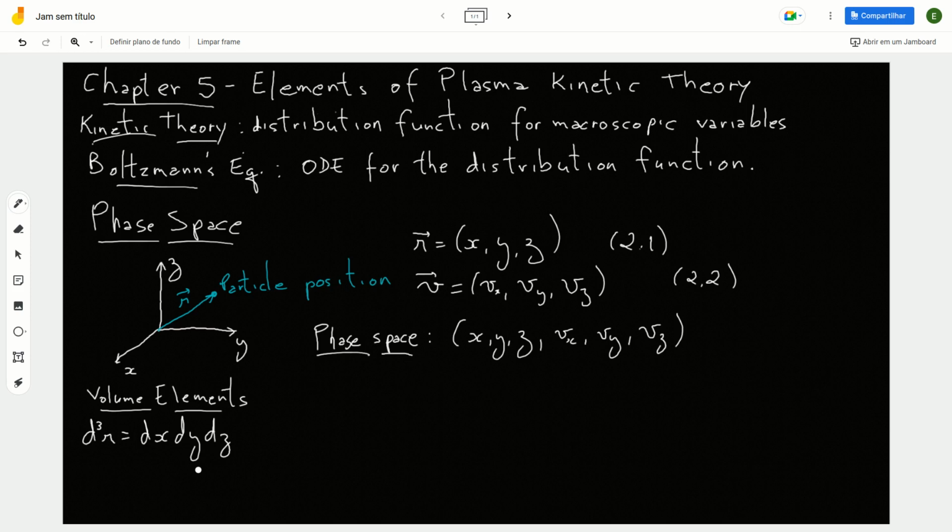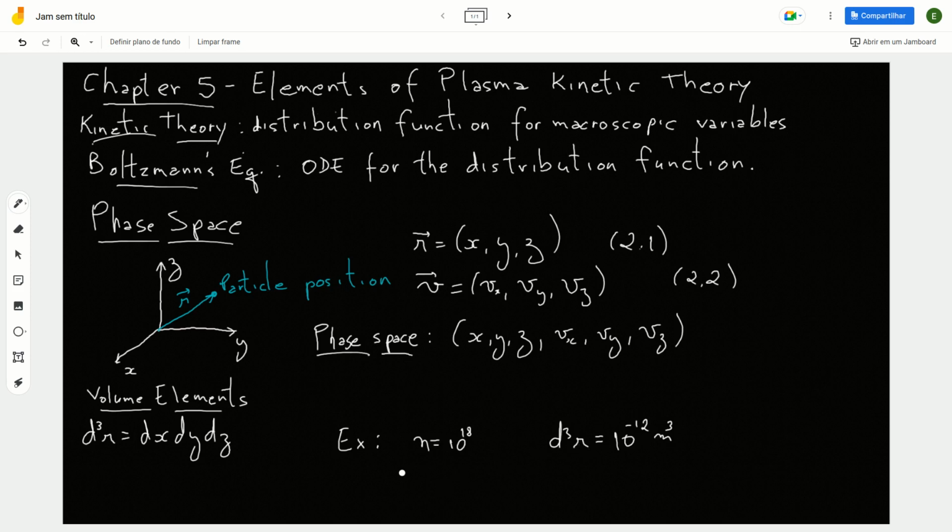For instance, if you have a gas with a density n equal to 10 to the 18 molecules per cubic meter, and d3r could be something like 10 to the minus 12 cubic meters, it doesn't have to go to 0, the volume.